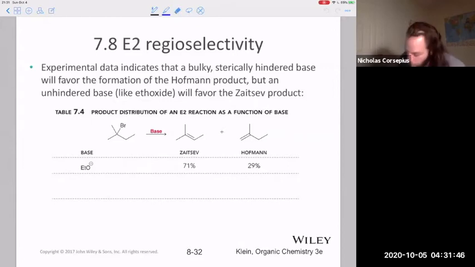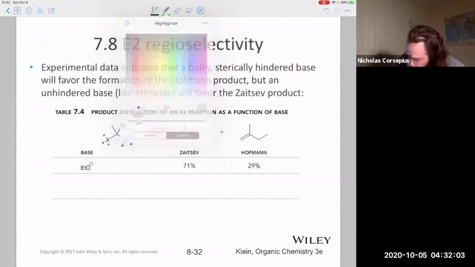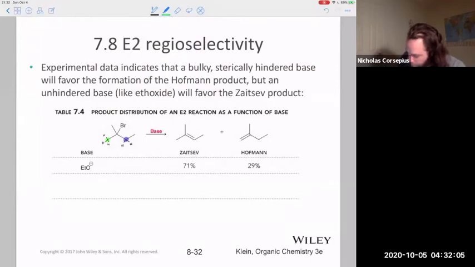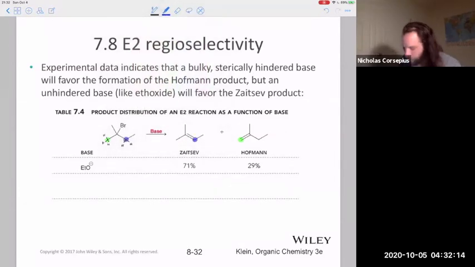And again, that's because we're talking about removing hydrogens from these two equivalent carbons, but let's just consider these two. This would be if I had lost from that green carbon, and this would be if I had lost from that blue carbon.